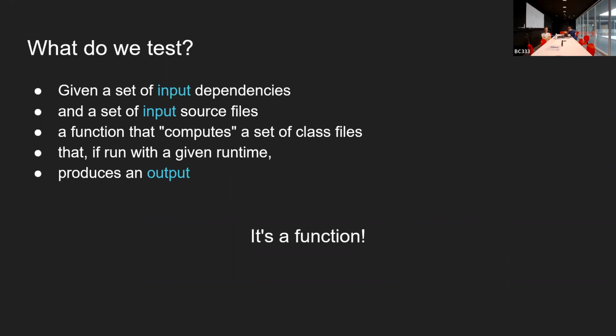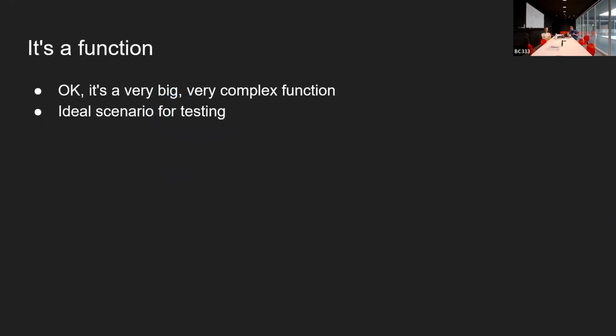So given a set of input dependencies and a set of input source files, the compiler really is a function that computes a set of class files that if we run them using a given runtime, for example, the JVM, it produces a particular output. So basically it's a function, right? A compiler is a function. Okay, it's a very big, very complex function, but still a function.